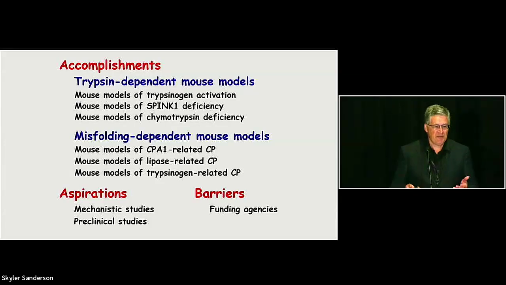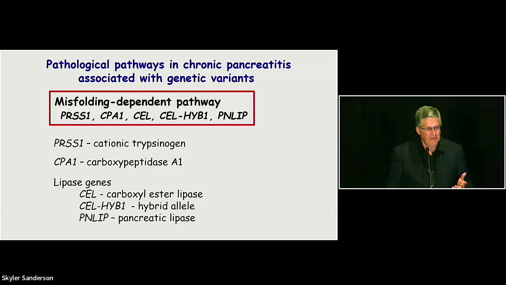And the barriers. This is a very interesting time, we believe, because funding barriers clearly are a major hurdle these days. I'm going to stop just to show you the misfolding dependent models, without explaining them too much, because Mark Lowe explained them very well.